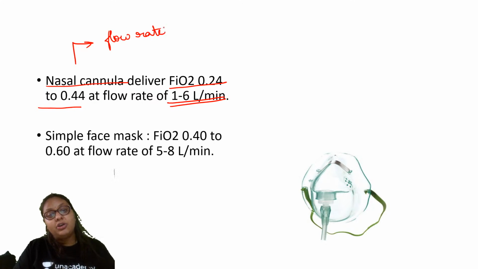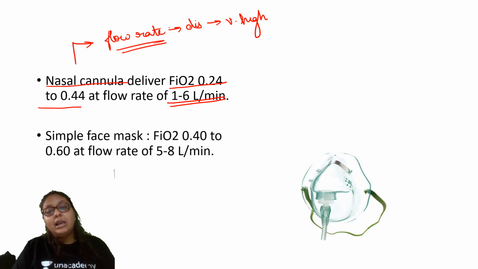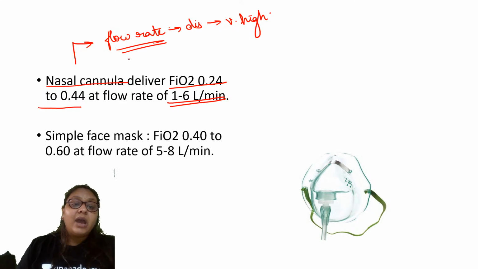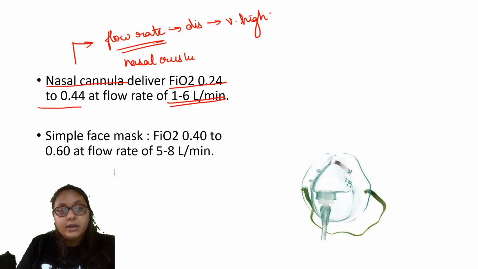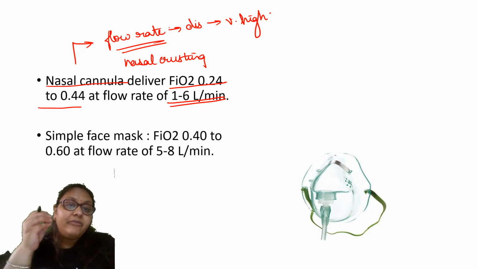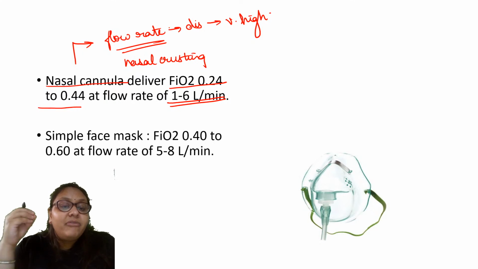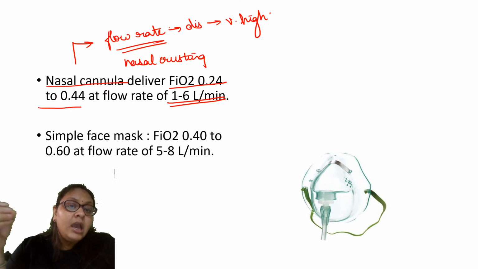The air we are giving is not moist, it is dry. If it is dry, it can cause nasal crusting or bleeding from there. So with a nasal cannula we cannot give a very high flow rate.